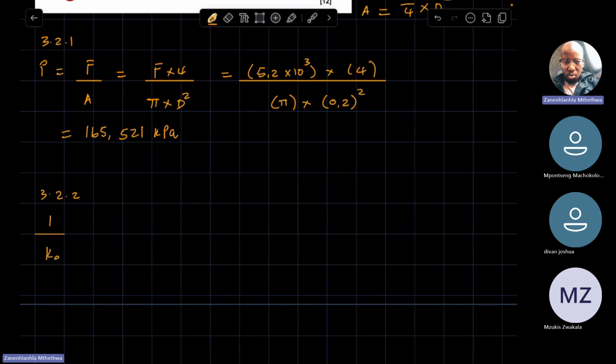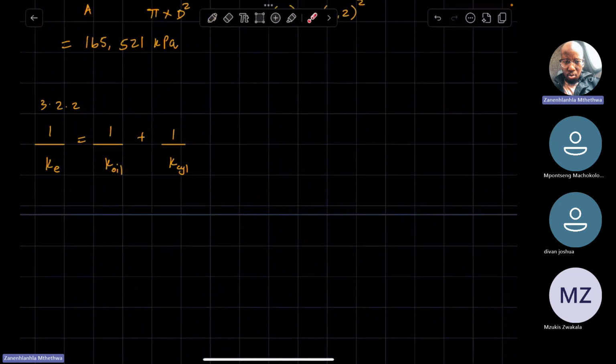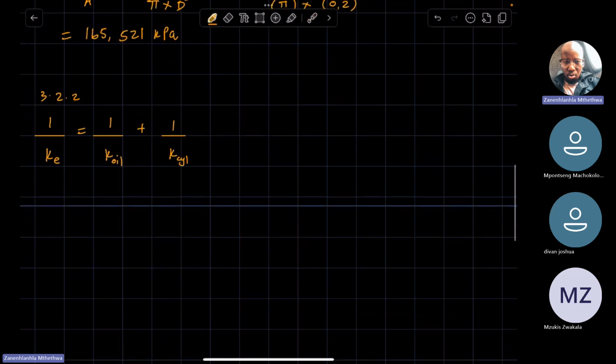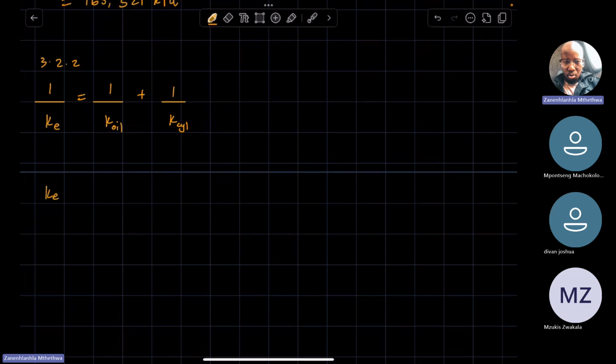So effective, we can use E for effective, is equal to 1 over the K of oil plus 1 over the K of the cylinder. Now we are assuming that there's no trapped air in the cylinder, so these are all the bulk modulus to consider. And then to calculate the effective, so KE, we have to get the inverse of this.